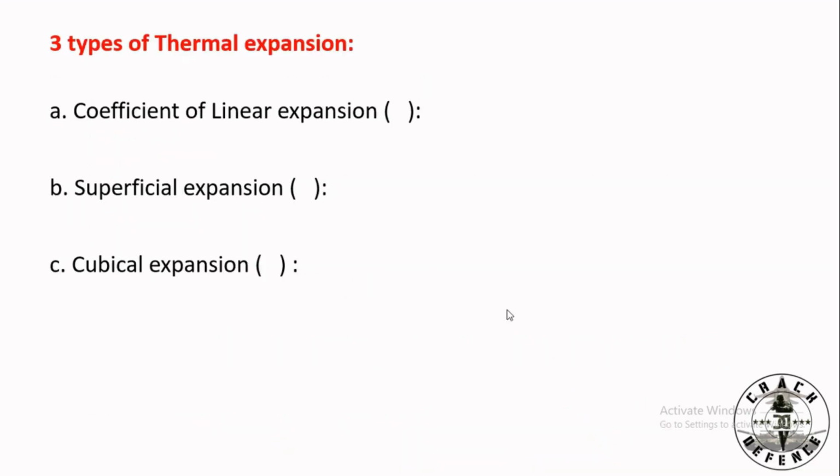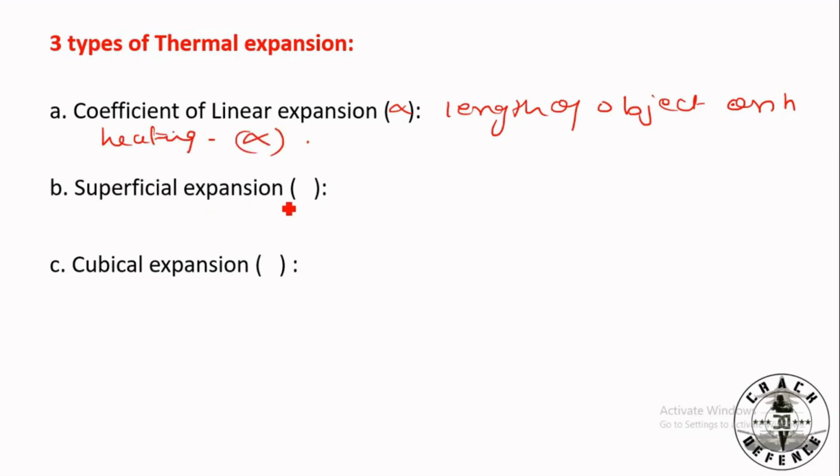Now let's go for understanding three thermal expansions. First, we have the coefficient of linear expansion that we call alpha, which is basically the change in the length of an object on heating it. So we have this as alpha.